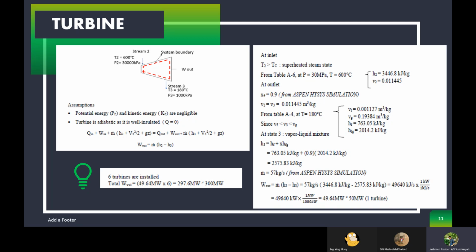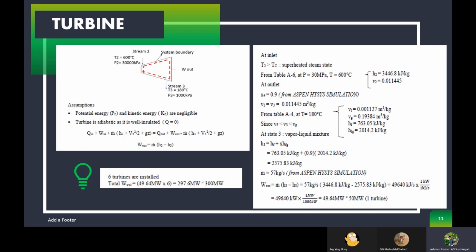The enthalpies of the inlet stream and the outlet stream were also calculated using the parameters from the property table, and we managed to get the work output of one turbine as approximately 15 megawatts. As I told earlier, 6 turbines are installed, so the total work output produced by the turbines is 300 megawatts.